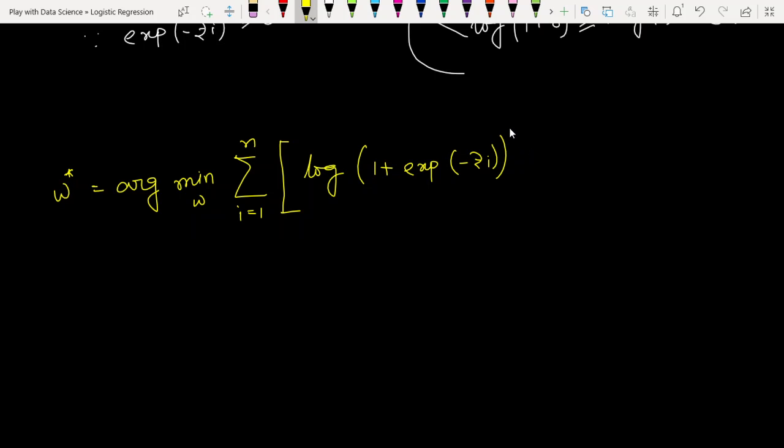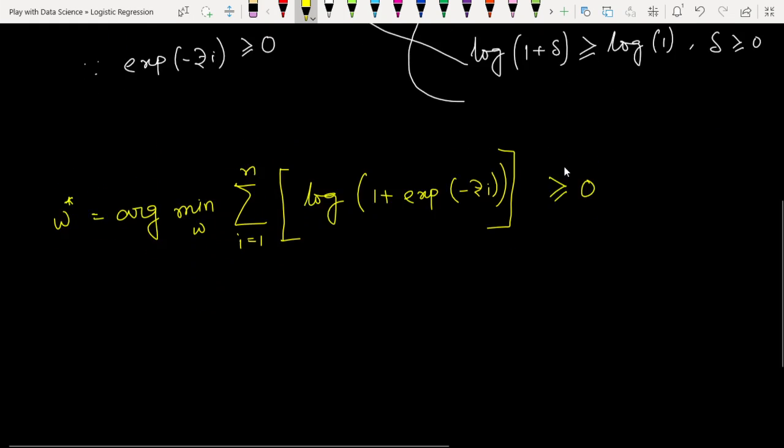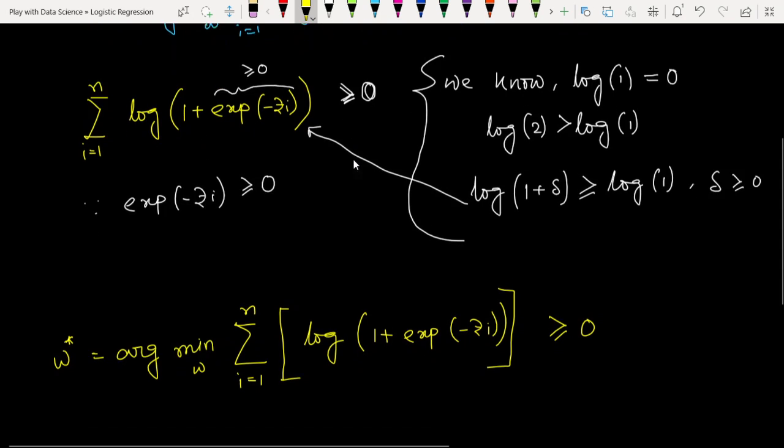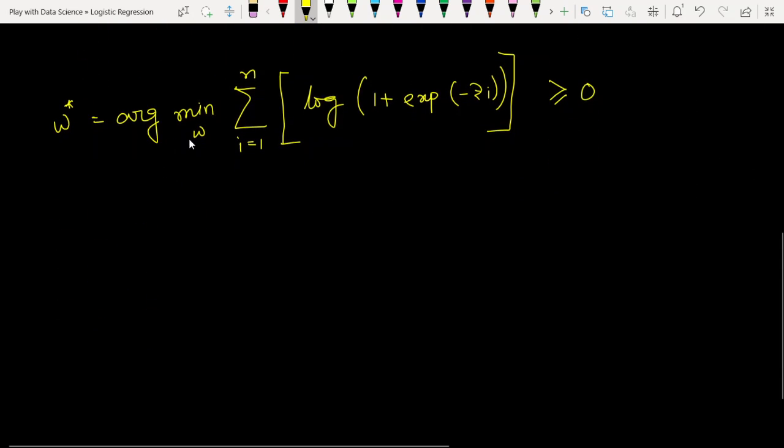From the previous step, this will be greater than or equal to 0.